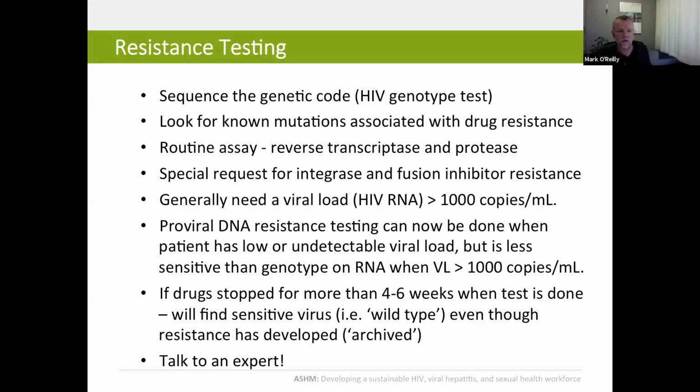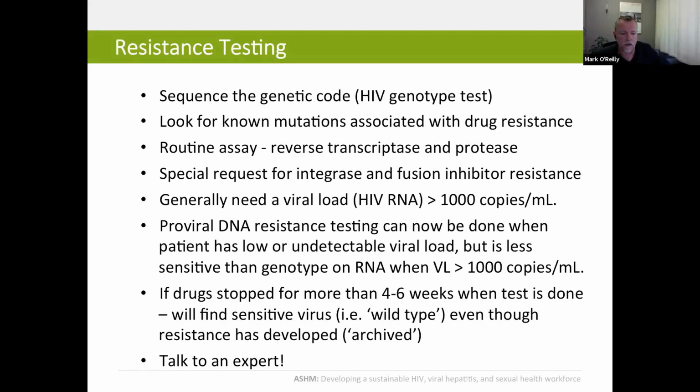So it's important to look at all genotypes. That individual might have had 3 or 4 genotypes done historically, and it's important to look at all of the genotypes, not just the most recent one where the resistance may be archived, because you may initiate them on a newer regimen and they might fail because you've missed archived resistance.